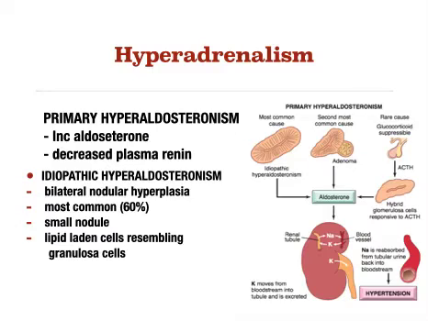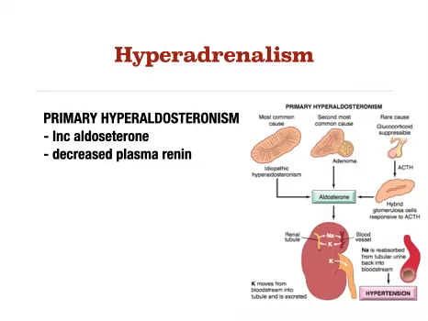For the appearance, aside from the hyperplasia, when you say nodular, you should also see small nodulations. Under the microscope, they are composed of lipid-laden cells resembling granulosa cells, which are the cells that produce aldosterone.